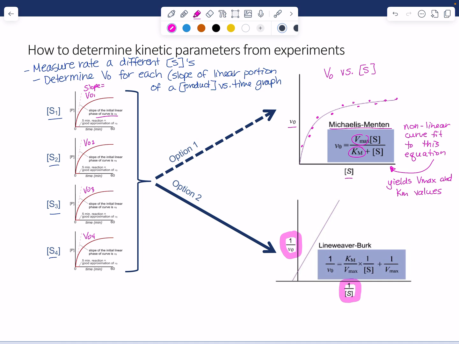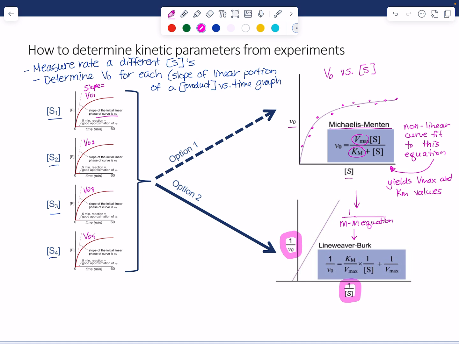So basically what you do to go from this to this is you just take 1 over the Michaelis-Menten equation, and that leads to the Lineweaver-Burk equation.